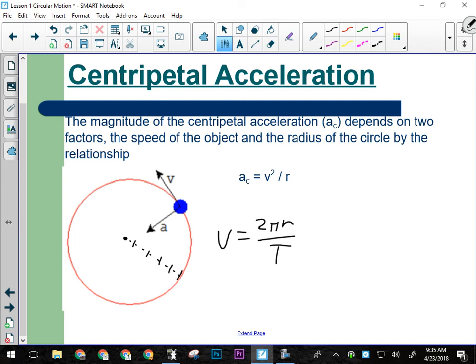If I take a corner really sharply at, let's say, 50 kilometers an hour, I'm going to feel a lot of acceleration. But if I take that same corner at 50, but I take it wider, I feel less acceleration. Everybody follow? It's weird in that acceleration has a different relationship with radius than speed does.